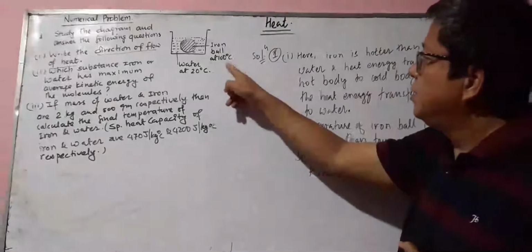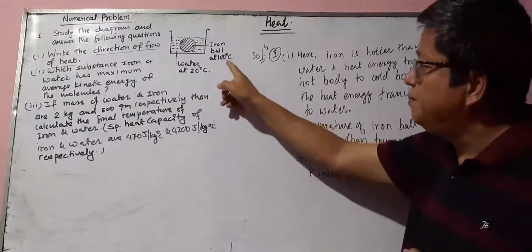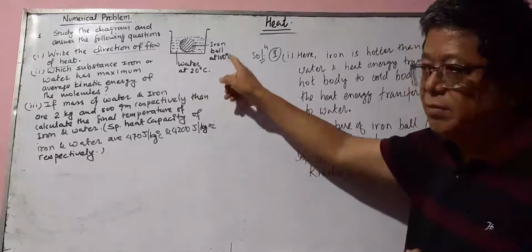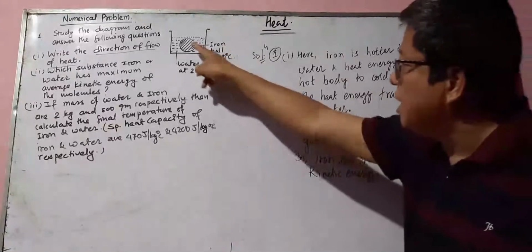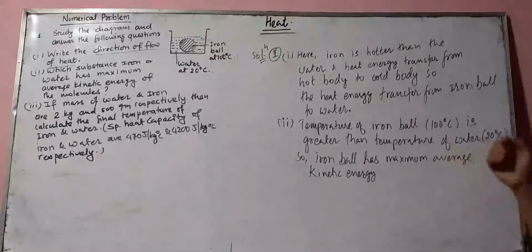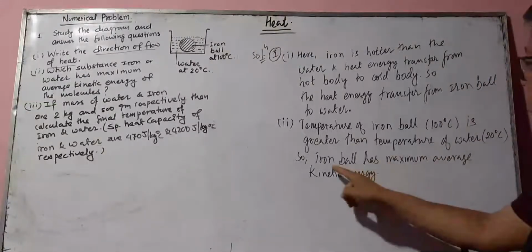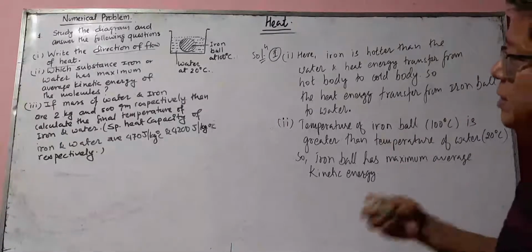So this has the maximum vibrations of the molecules, maximum average kinetic energy. So the average kinetic energy of the iron ball is greater than that of the water. So the iron ball has maximum average kinetic energy. Okay, and this is the solution of the second question.